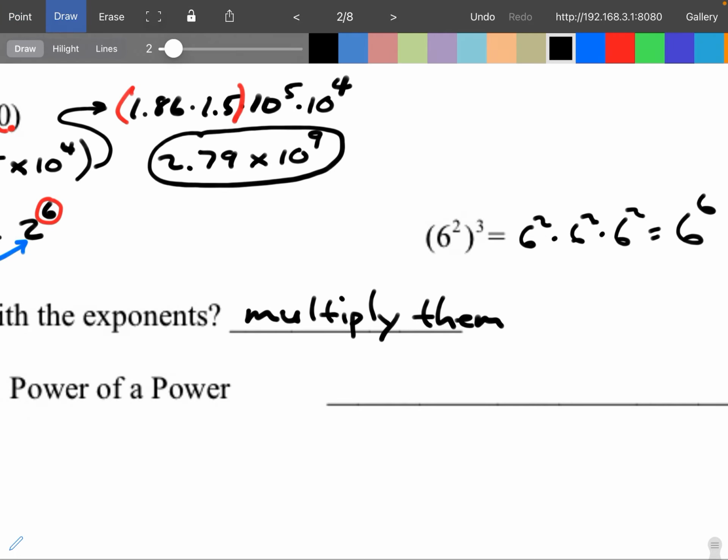You would have a to the m, that whole thing to the n power. So that would be a to the what? If we multiply them, what would I write? Yeah, m times n. So it'd be m times n.